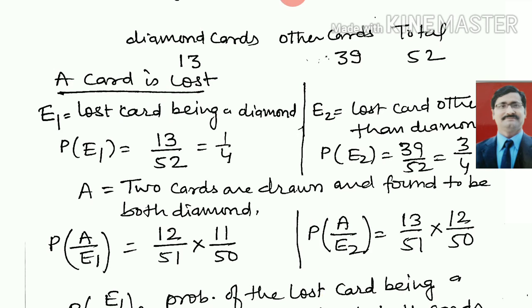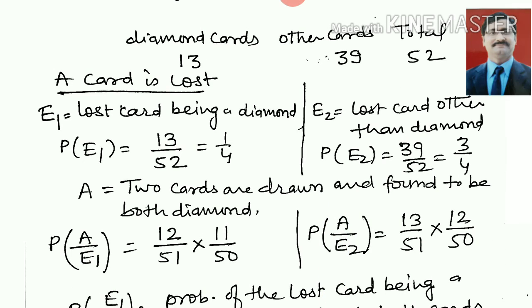So when a diamond card is lost, we find the probability of drawing those 2 cards. P(A|E1) will be equal to: how many diamond cards remain when one diamond card is lost? 12 cards remain. So you have 12/51, and if one card is drawn, you will not replace it, and the remaining diamond cards will be 11 out of a total of 50.